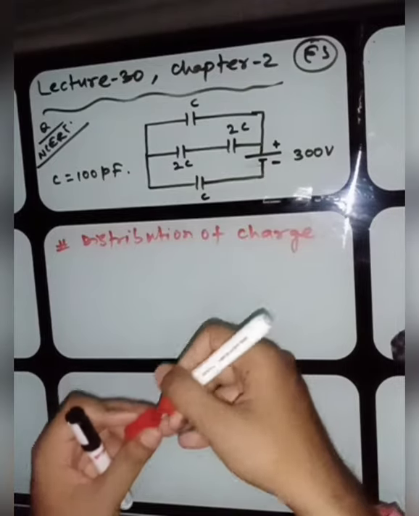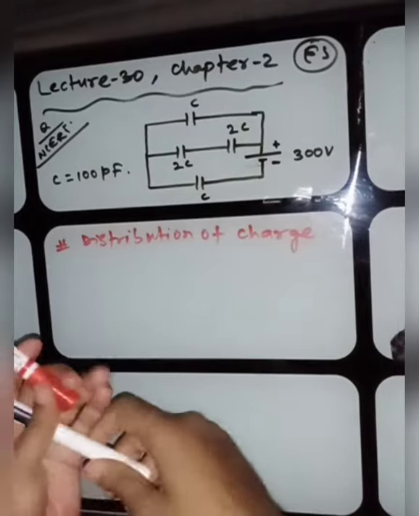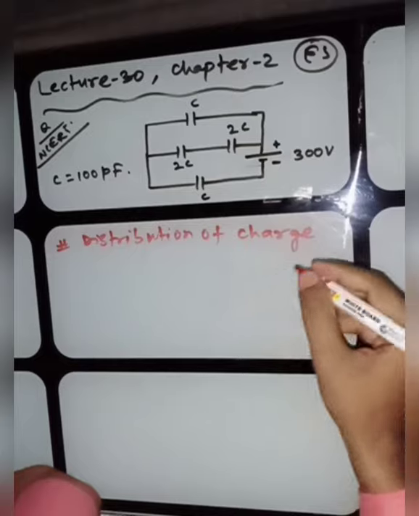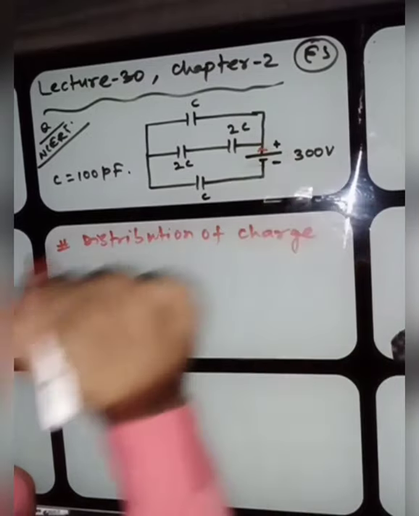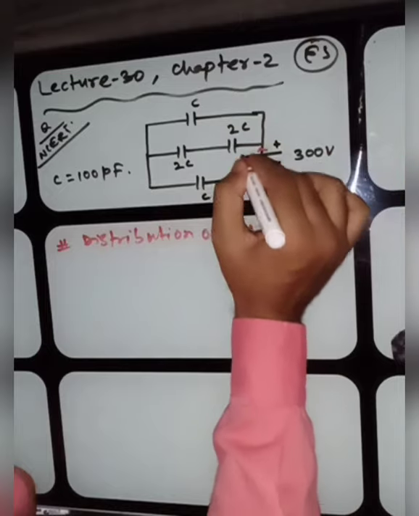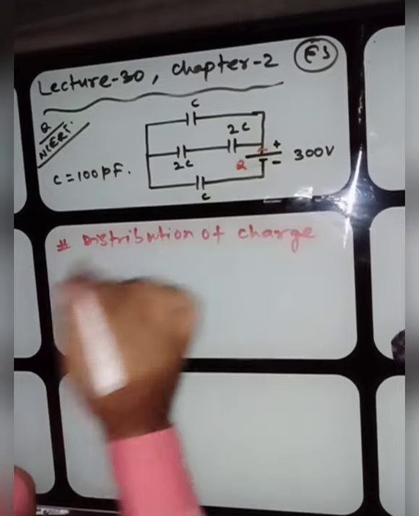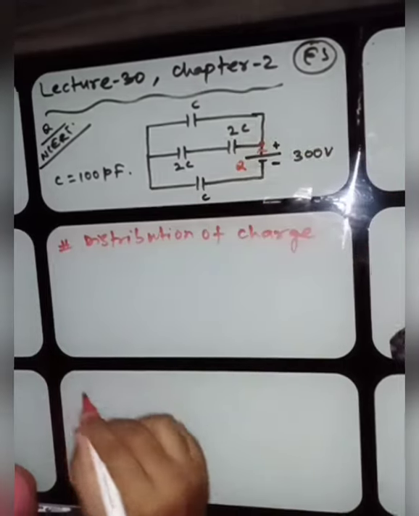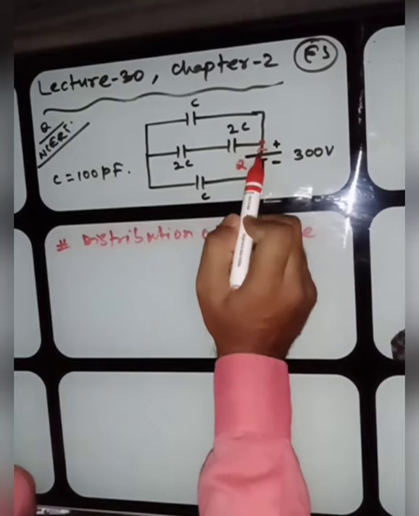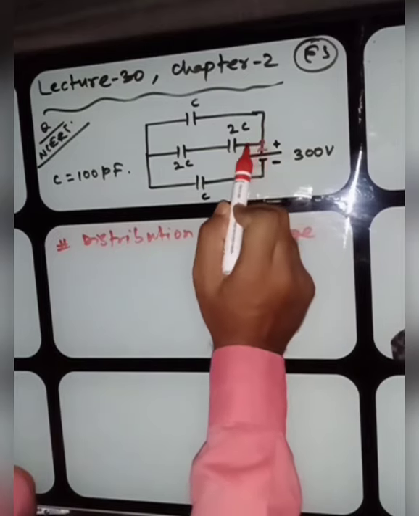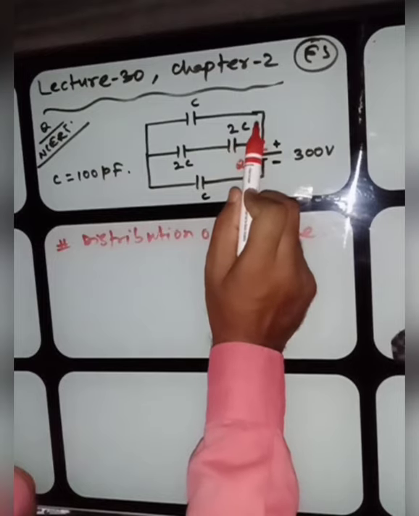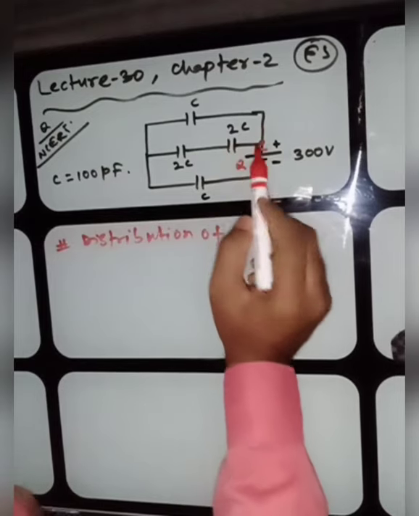Now, distribution of charge. So we are going to distribute the charge. Since there is only one battery, start distributing. Charge Q starts flowing from this point. As this charge Q reaches this point, there will be two branches, two directions the charge can move.